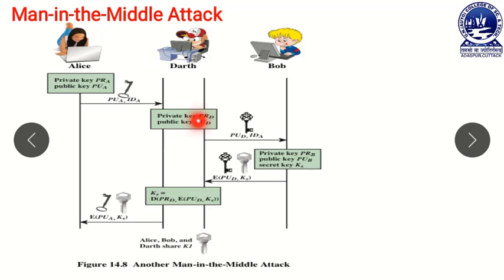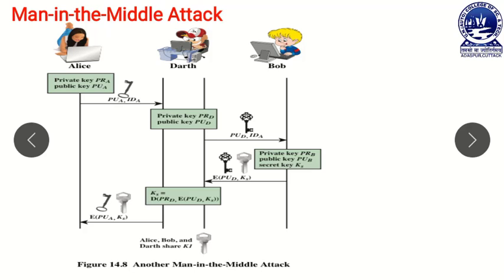Then the attacker sends its own public key and the identity of A to the receiver Bob. That means PUD, the public key of Darth, and IDA, the identity of Alice, are sent to Bob.